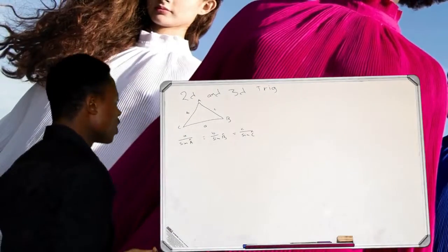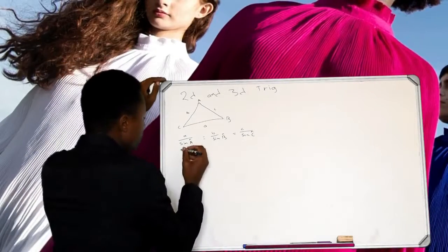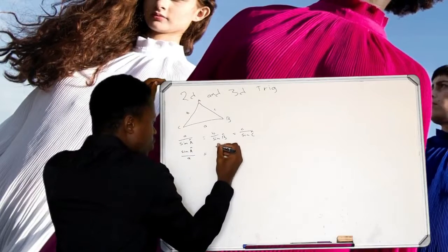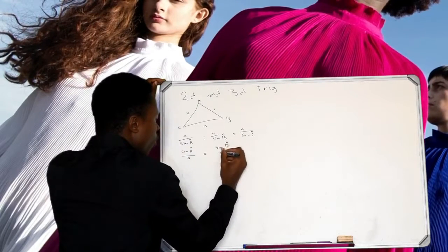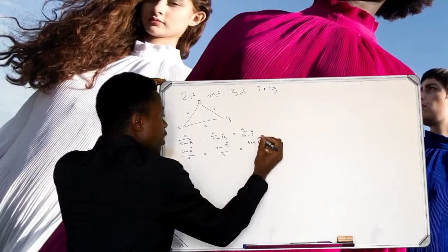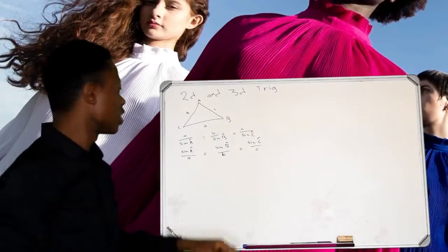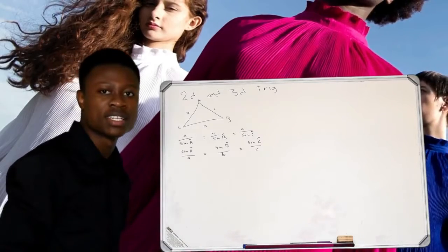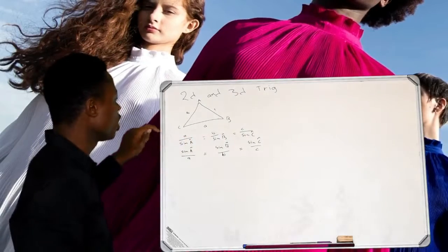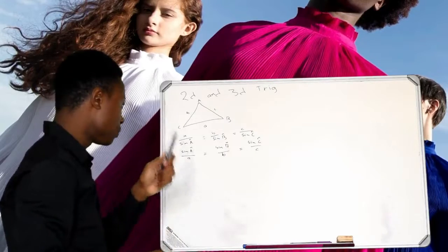So this can also be written in another way, which is still the same. It can be equal to sine angle A over a, which is also equal to sine angle B over small letter b, which is also equal to sine angle C over c, right? But one thing to note, this is not equal to that, because these are ratios. So if you keep one ratio like this, you have to keep putting the length on top if you are comparing like this.